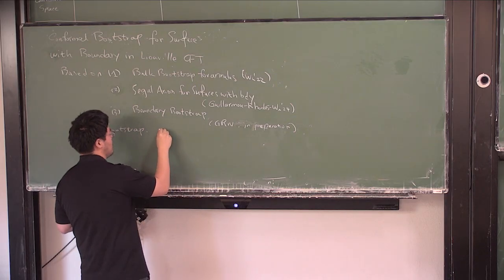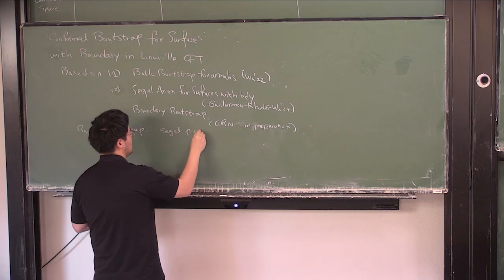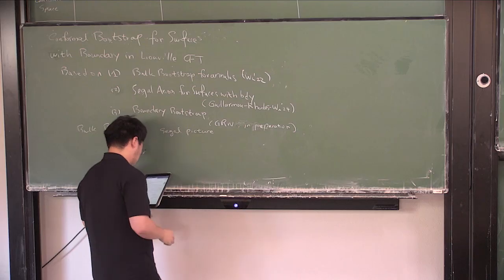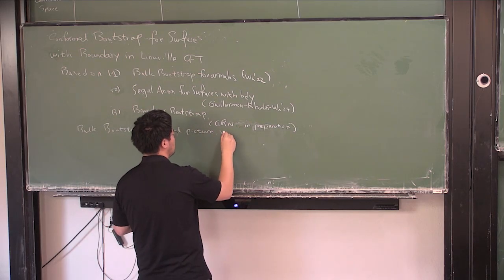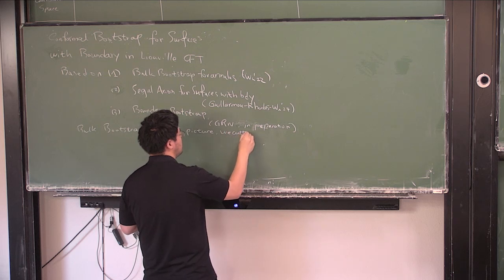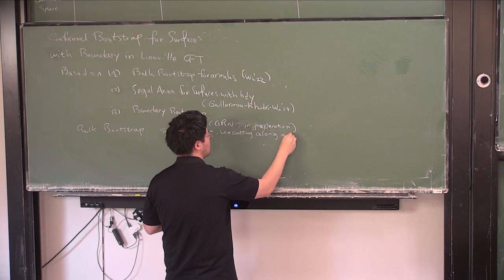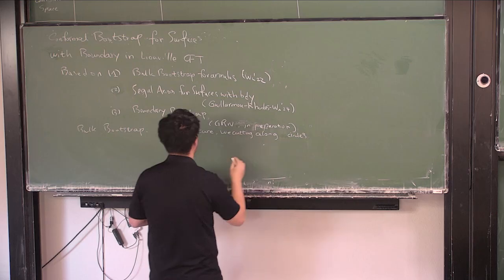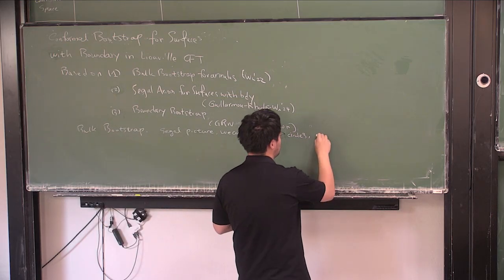Means, in the Segal picture, we're cutting along circles, and associate the circles with some bulk Hilbert space.